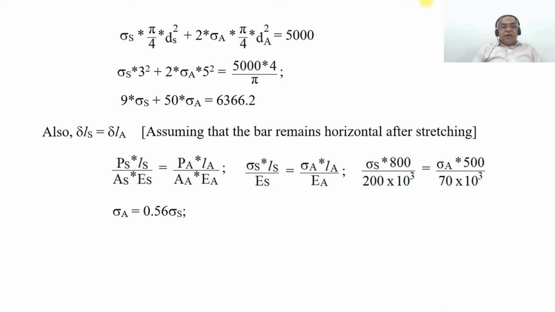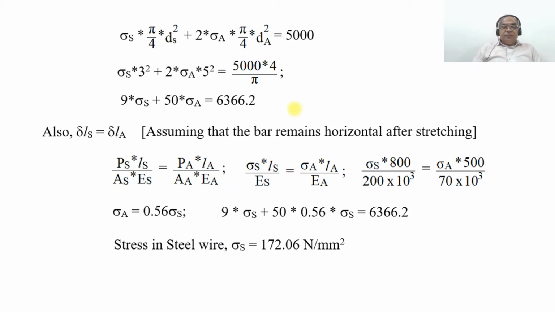Now substitute this value in the equation 9 sigma S plus 50 sigma A equal to 6366.2. Substituting, 9 into sigma S plus 50 into 0.56 sigma S will be equal to 6366.2. On simplification, you get the stress in the steel wire, sigma S, equal to 172.06 Newton per mm square.